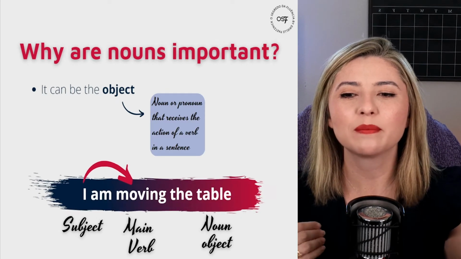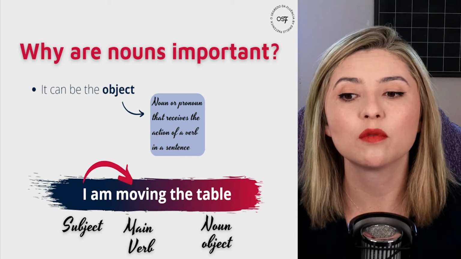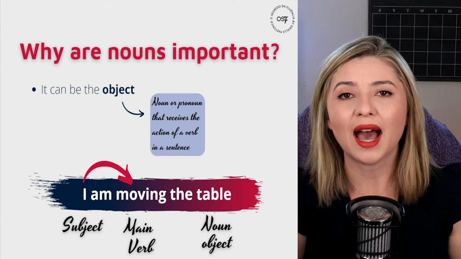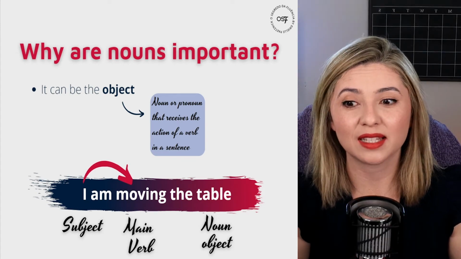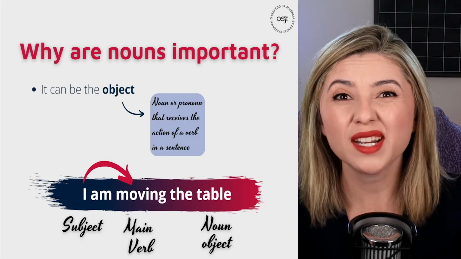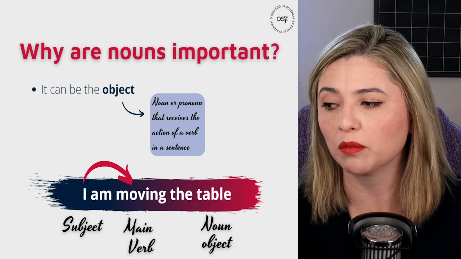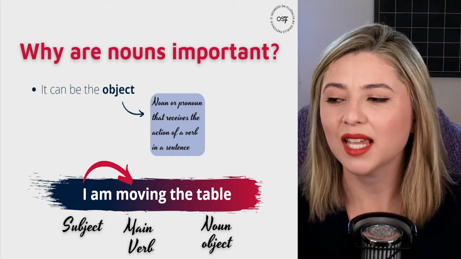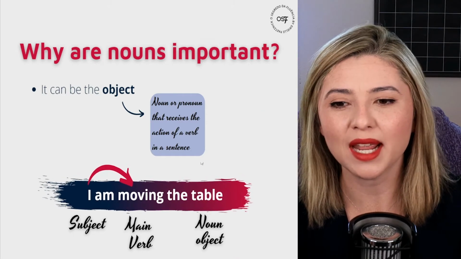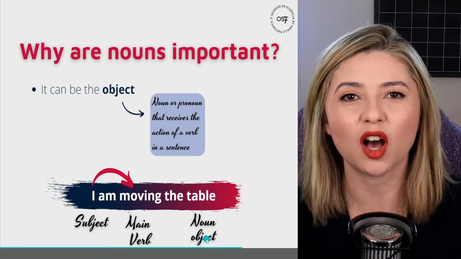So I am moving the table. Let's recognize the nouns here. Table. Table is a noun. I is the pronoun, the subject who is performing the action of moving. What is being moved? What is receiving the action from the verb moving? Table. Table is a common noun, but it's also receiving the action, so we call it an object.